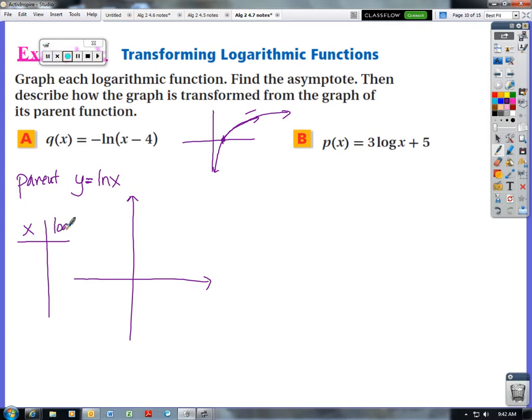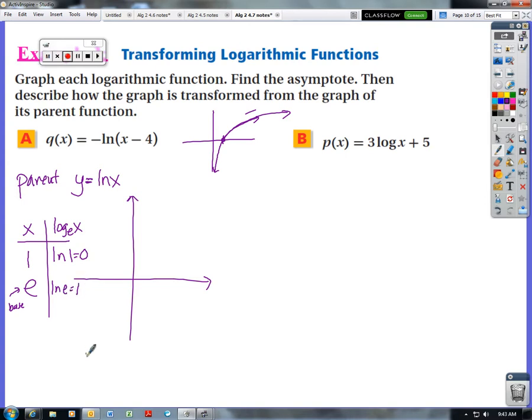this is log base e, natural log is log base e. The two values you can use for your x are 1 and whatever the base is. The base is e for natural log. So you can use 1 and the base. So what's the natural log of 1? Well, that's 0. What's the natural log of e? That's 1.